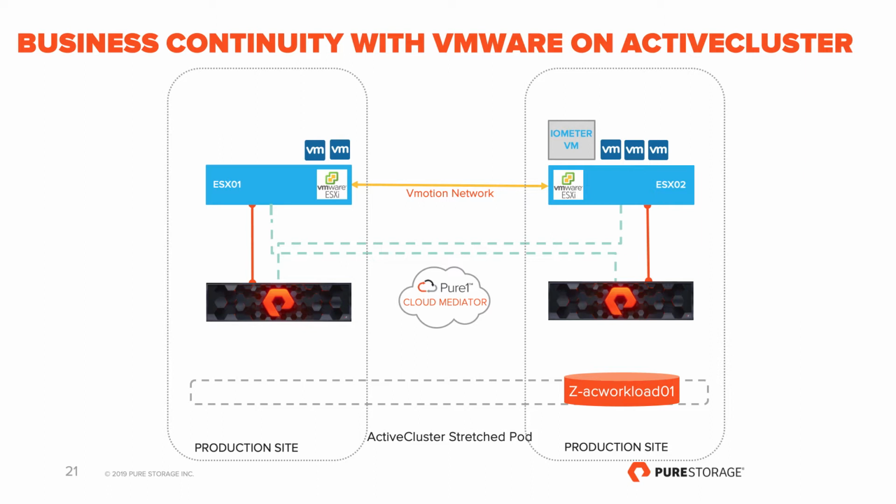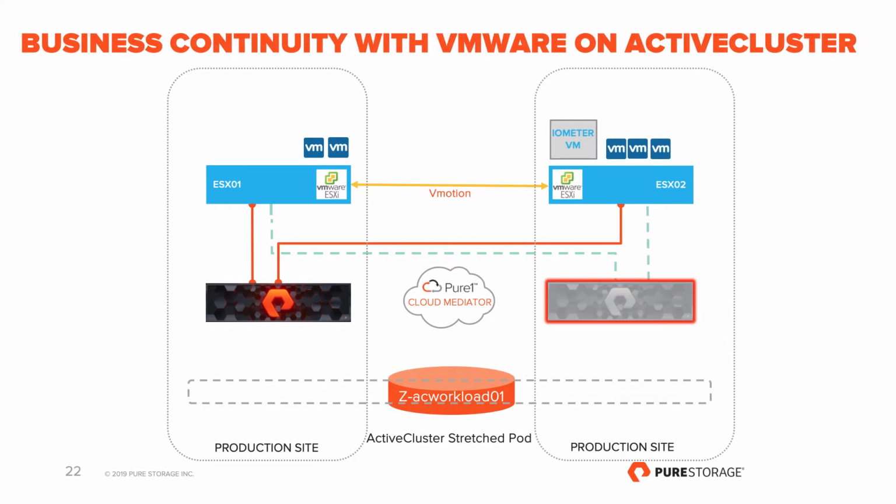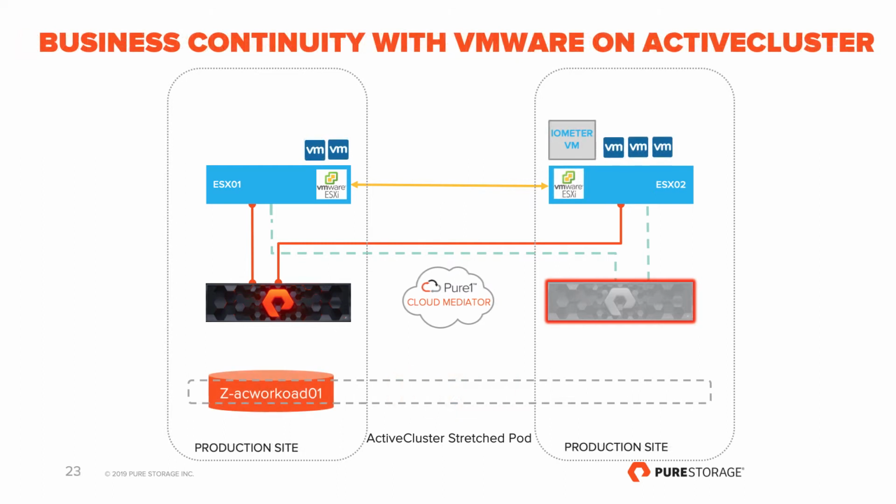We'll refresh the volume multipath setting in VMware, and we should see the paths return back to normal. So in the slide demo, we're going to move this volume by shutting down the array and move it over to this AC1.